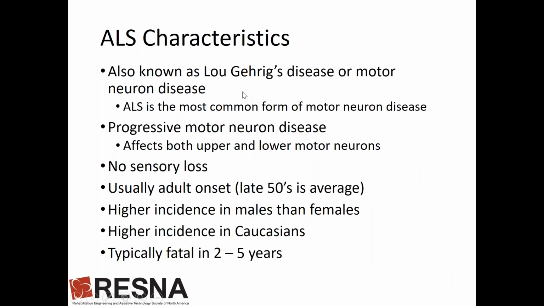So I mentioned that Lou Gehrig's disease, and I think it was the 30s. I'm going to test myself because I just had a grand rounds on this today. And so Lou Gehrig is the primary person that they understood what was going on, and they named it after him. You also hear motor neuron disease.